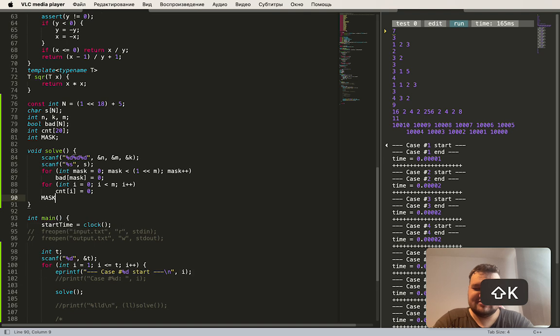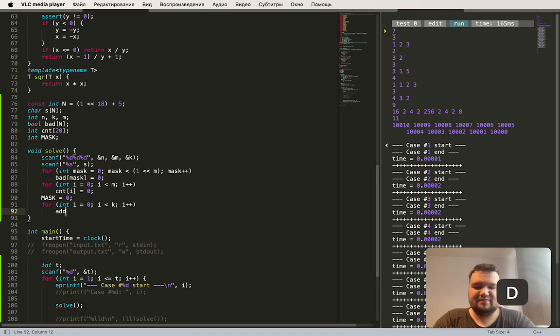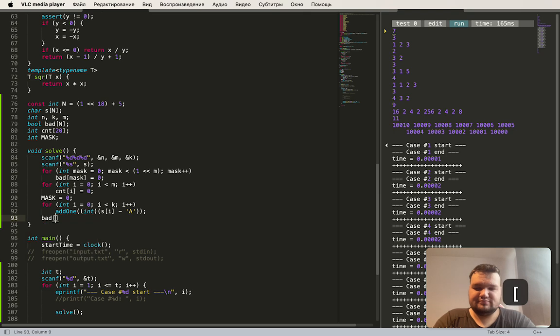Okay, let's write it in the right way, just because I can. So first we initialize it for the leftmost position of the sliding window. It's capital letters. Okay. So then say that this mask is bad.